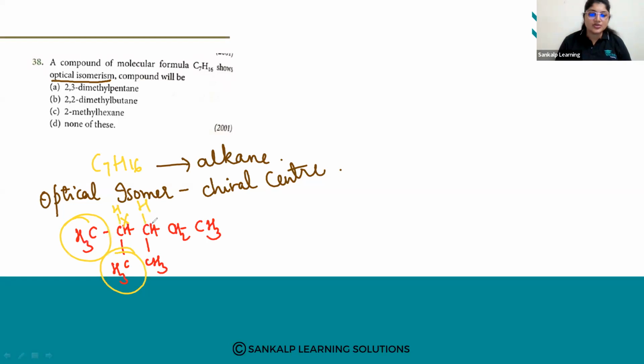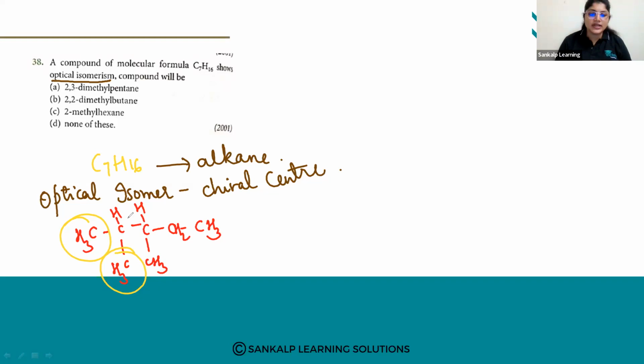Then here one H group is there. Now here you see whether it has a chiral center.